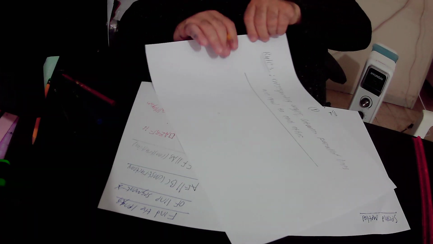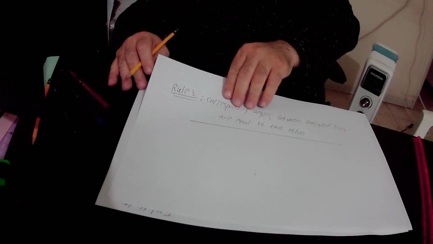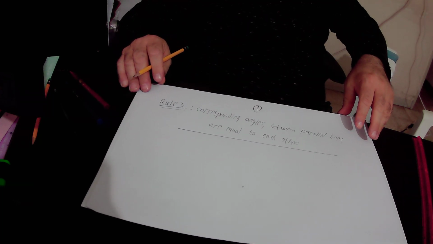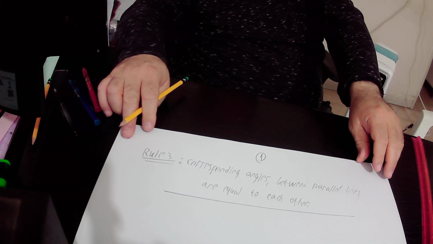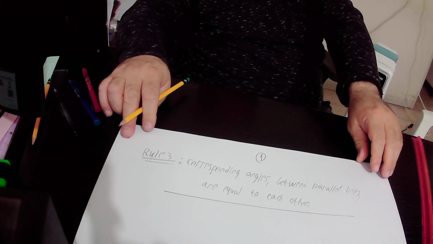I read rule number 3 again. According to rule number 3, corresponding angles between parallel lines are equal to each other.